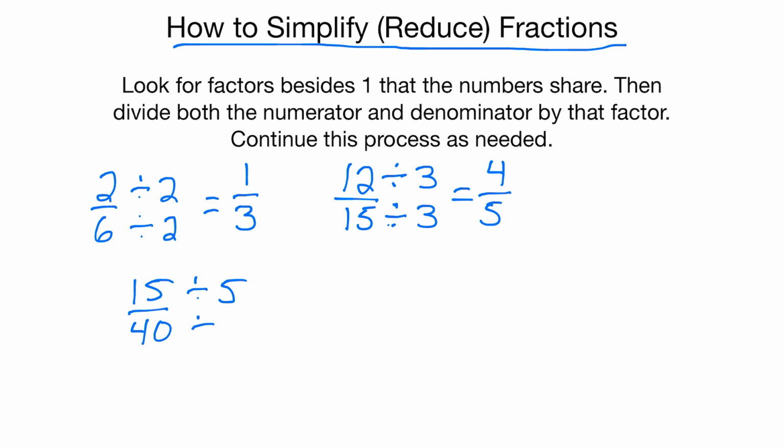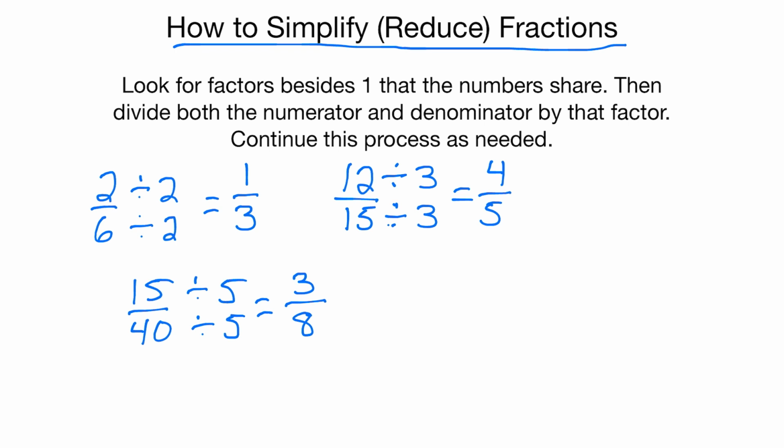Remember, you have to do the same thing to both the numerator and the denominator to have an equivalent fraction. 15 divided by 5 is 3, and 40 divided by 5 is 8. Okay, we're done reducing. When the numerator and the denominator only share a factor of 1, then you know you are finished reducing that fraction.